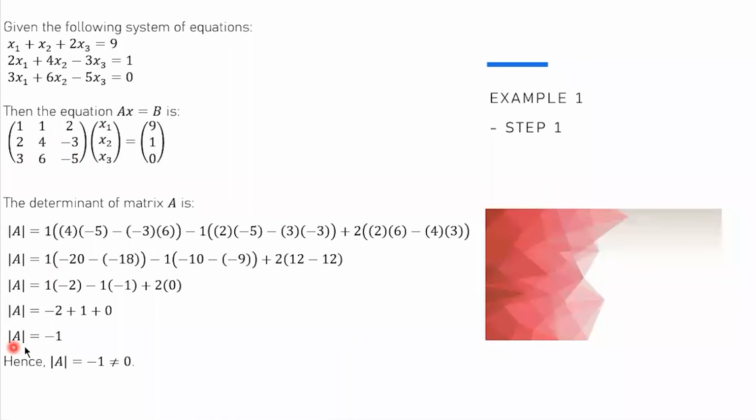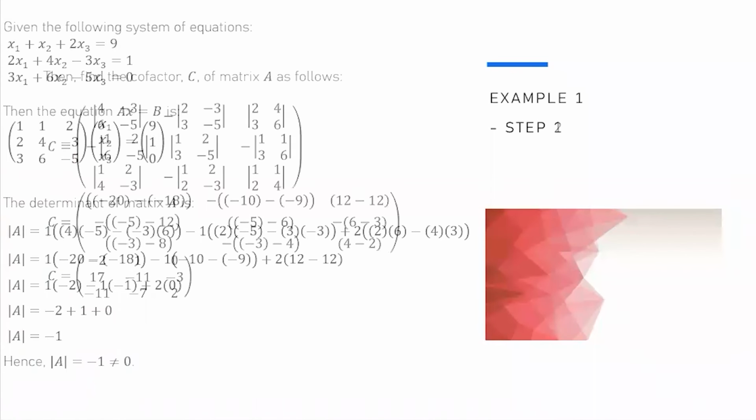Finally, determinant A is equal to minus 1. Hence, determinant A is not equal to 0.